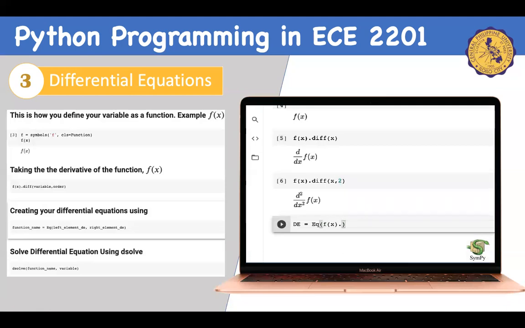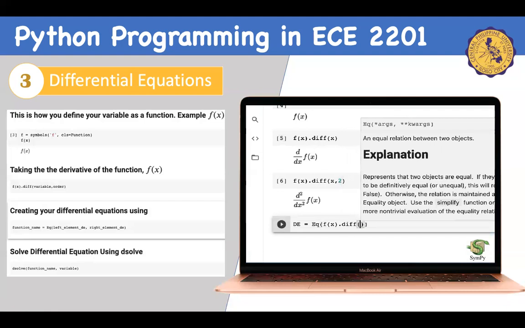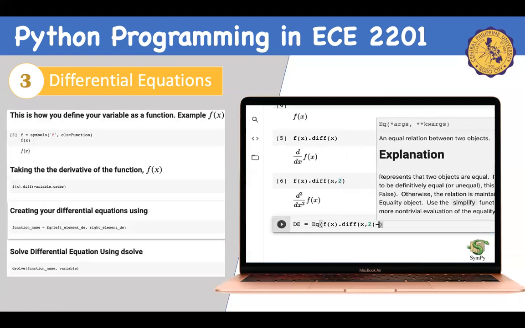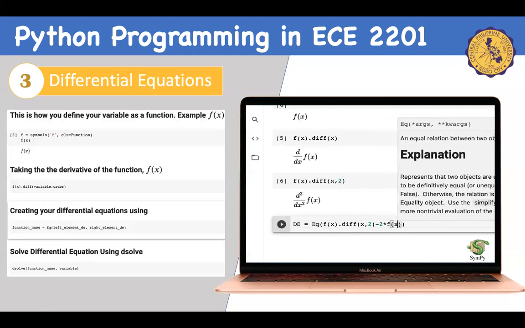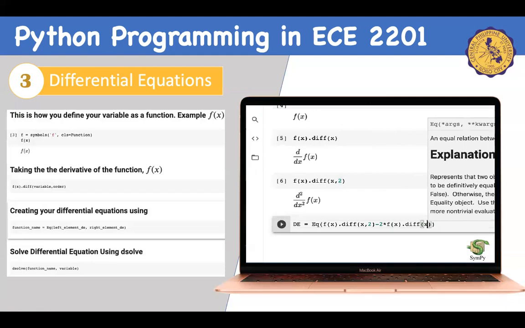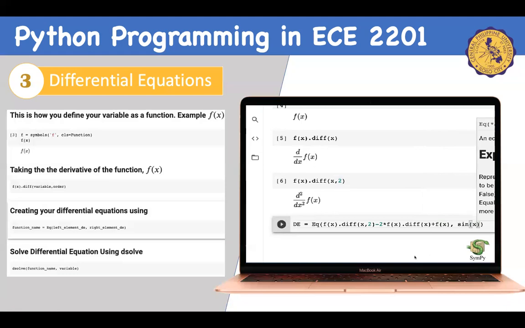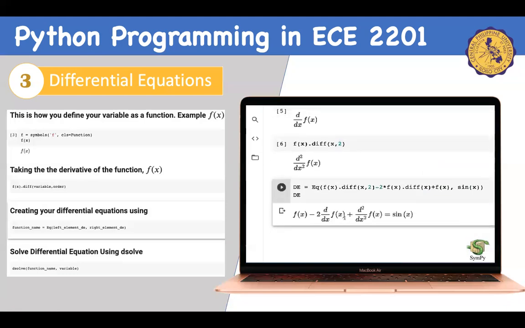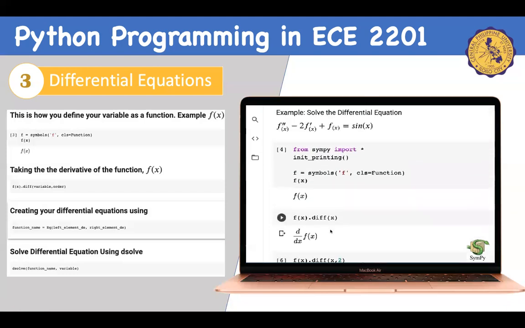So we can say f of x dot diff, x, 2, minus 2 times f of x prime, so f of x dot diff, this is your f of x prime, plus f of x, comma 0. Instead of the equals sign, we use a comma. So this is now your differential equation of second order.